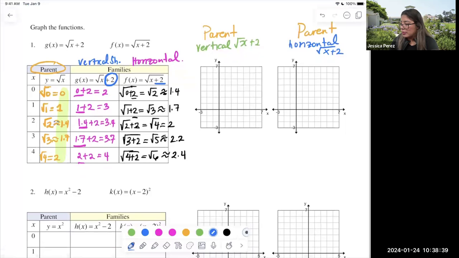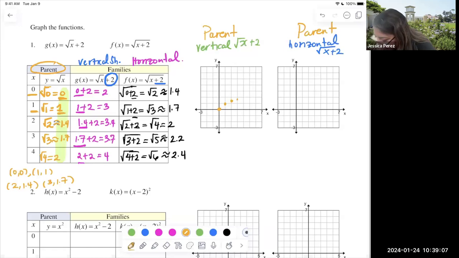So let's begin by doing mama function. The parent function will be the orange. So 0, 0. Now here would be 0, 0. My points are 0, 0, 1, 1. I have 2, 1.4. I have 3, 1.7.